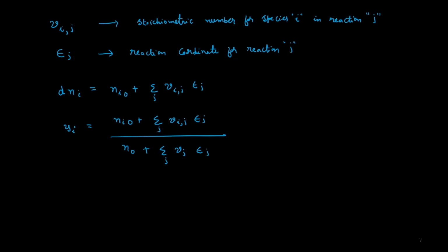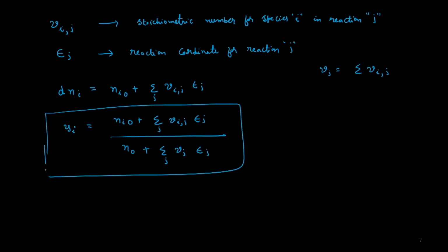And here nu j is again defined as the overall stoichiometric number for reaction j, which is the summation of nu ij for all the species in reaction j. That's how we define it, and this will be the expression for the mole fraction of species i when there is more than one reaction occurring.